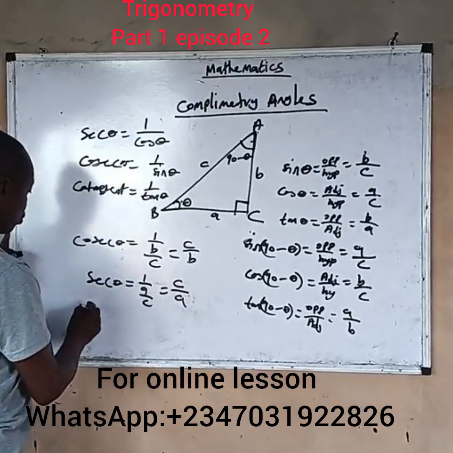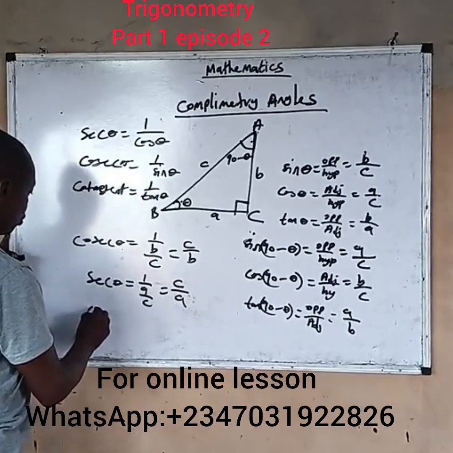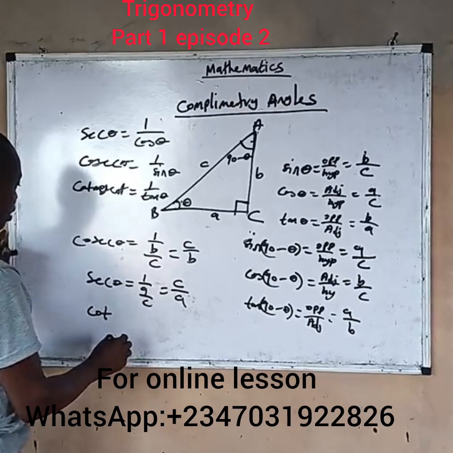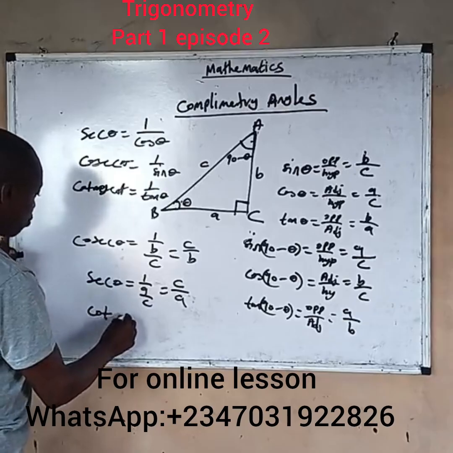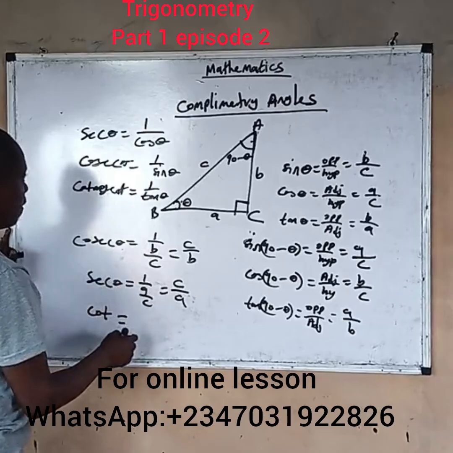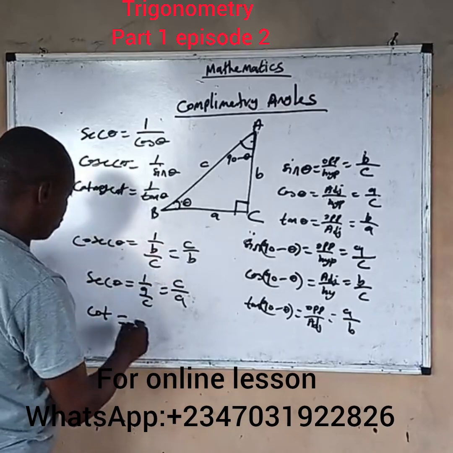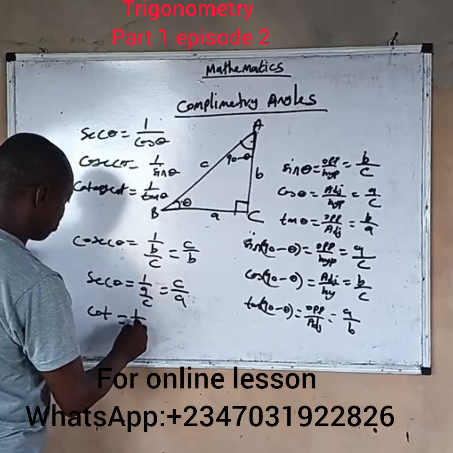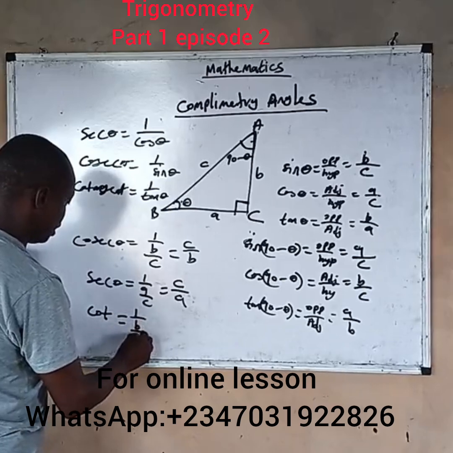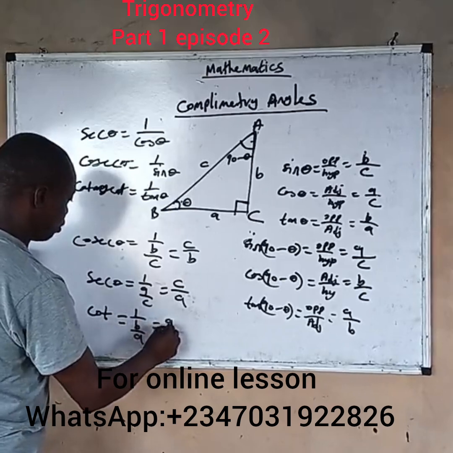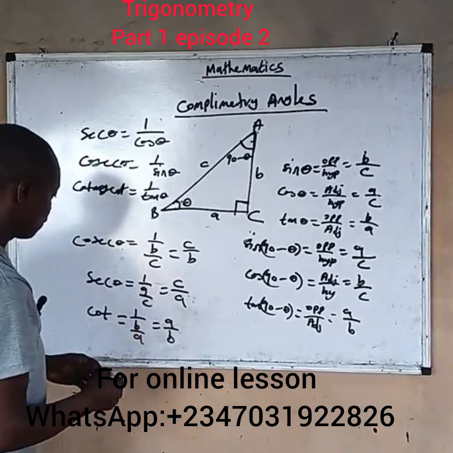Okay, then cot, which is cotangent, is equal to 1 over tan. And what is our tan? Our tan is b over a. Now it's 1 over b over a, which is equal to what? A over b. All right.